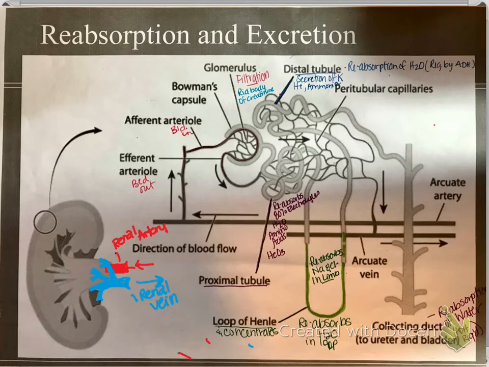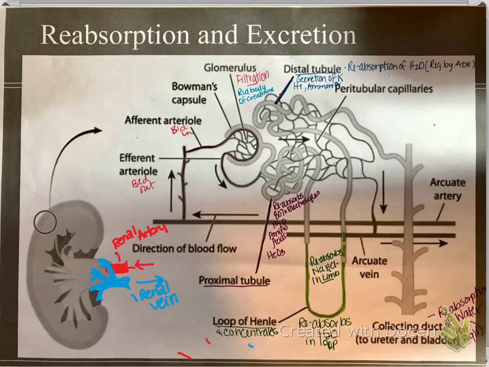Remember, it's very vascular, and then as it goes down through the proximal tubule, you've got the reabsorption of electrolytes, amino acids, bicarb and water. So it goes on around, and you've got the loop of Henle, where it can be concentrated. It reabsorbs water, sodium and chloride.